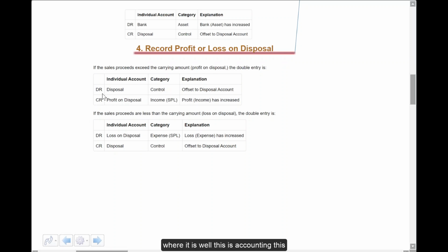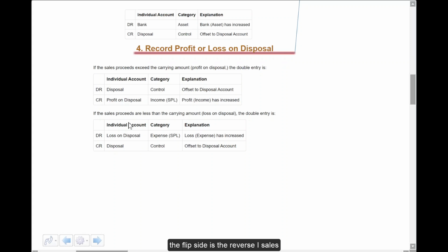Well, this is accounting. This is the way it works. We want to have a trail of transactions, as it were, and we want specifically either to have profit on disposal shown in the P&L account, or as you'll see below, loss on disposal, because there's more information, isn't it? So we note that profit on disposal is an income account. Absolutely. It's a credit, a bit like a sale. I've made a profit. Let's show it as part of my credits in the P&L.